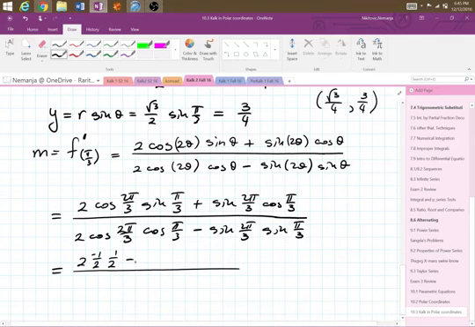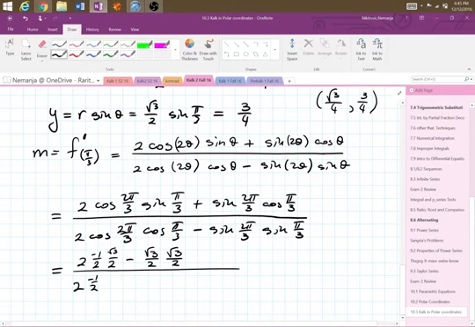Minus sine of 2 pi over 3 is root 3 over 2, very good. And then sine pi over 3 is root 3 over 2.